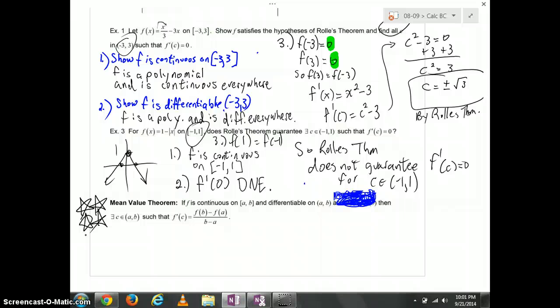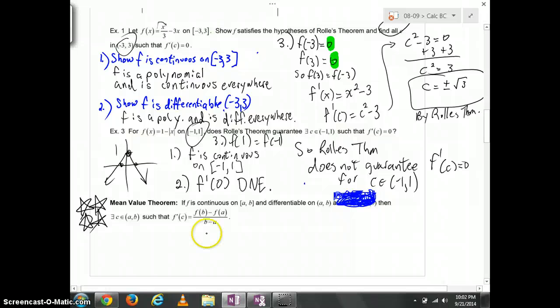So if f is continuous on a closed interval and it's differentiable on an open interval, we don't even have a third condition here, then there exists a c on that open interval such that f prime of c equals f of b minus f of a all over b minus a.